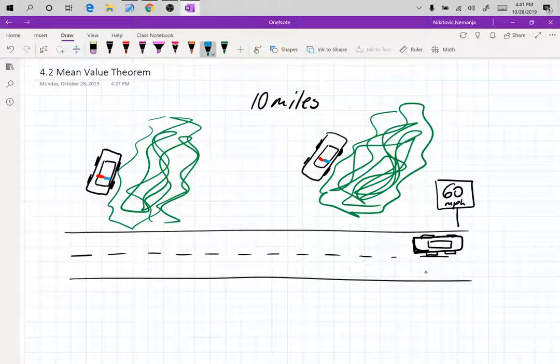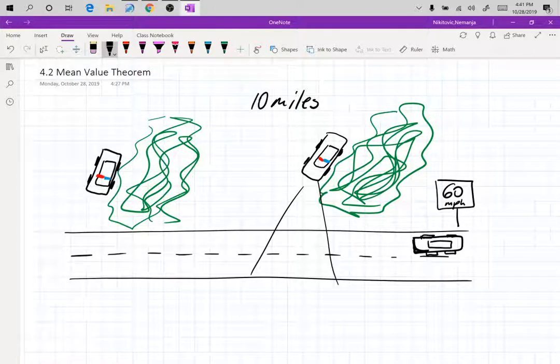So we know what this situation is, right? It's called a speed trap. Now, this one will be measuring right here. This one will be measuring right there.